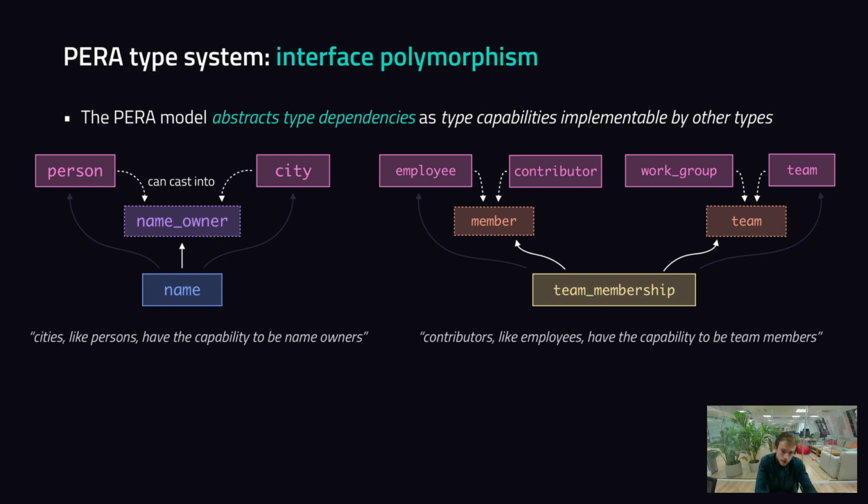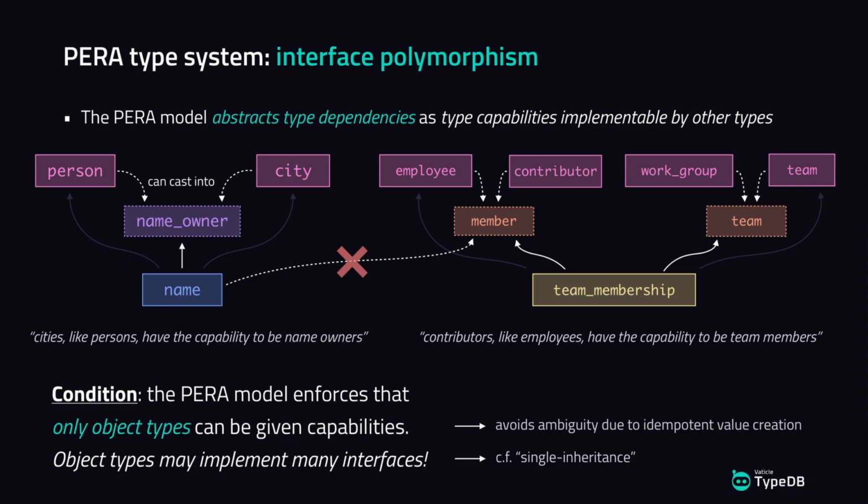There's also a condition here that I definitely need to mention, which is that in the pair model, we enforce that only object types can be given capabilities. I've drawn a line here from the name type to the member type. We cannot have that name instances play the role of members in team memberships, because name is precisely not an object type, but an attribute type.